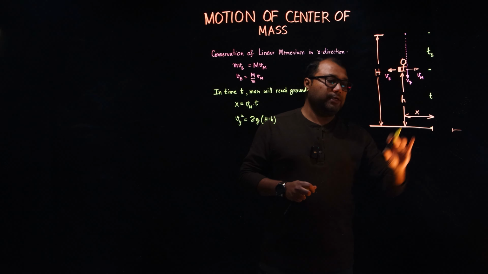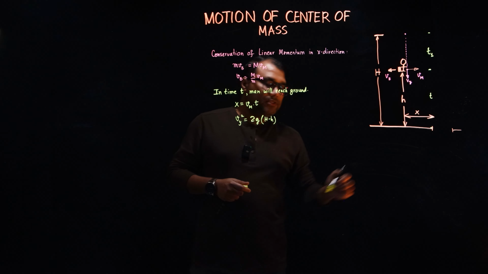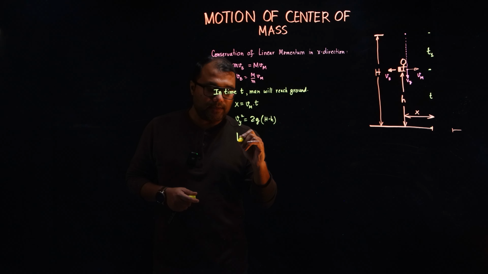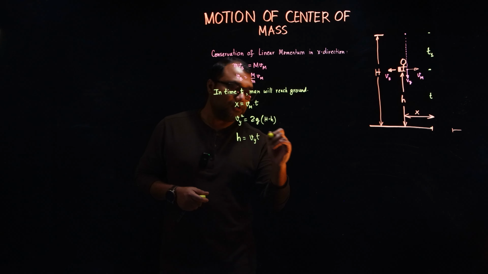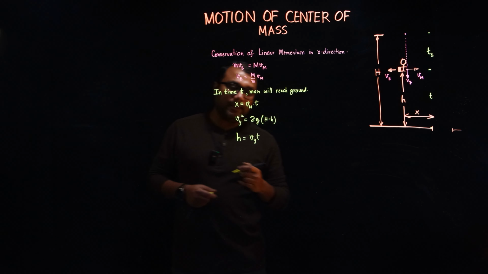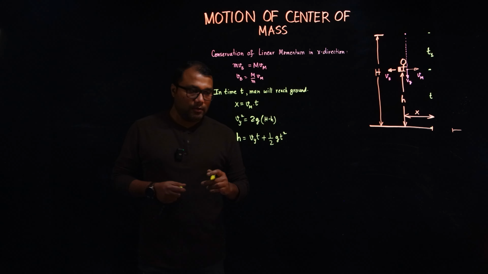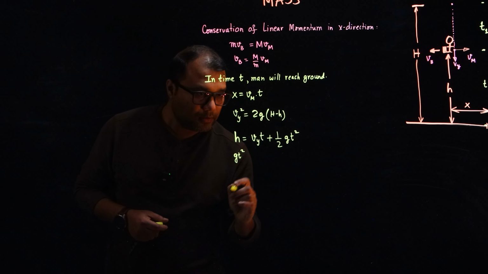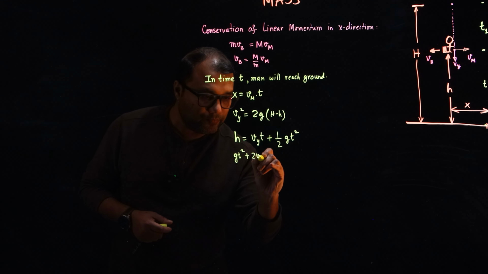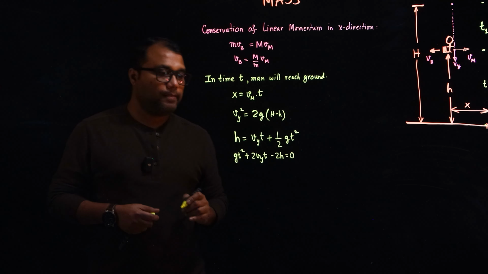Now let's look at this journey. How much time is needed for it? We can use S equals ut, which is Vy t, because we are saying this takes t time, plus half g t square. If we rearrange this, we can write g t square plus 2 Vy t minus 2h is equal to 0.